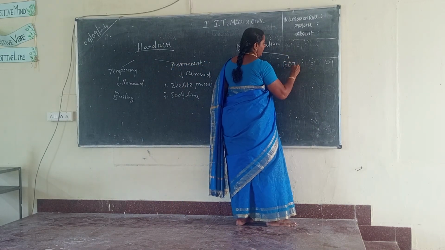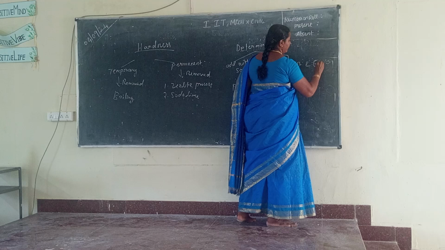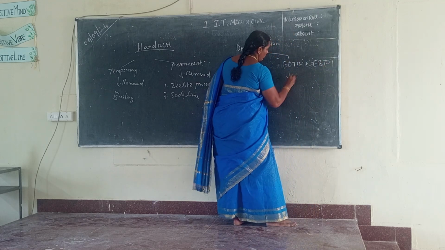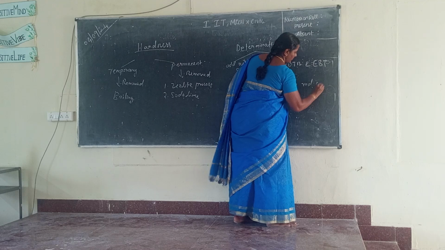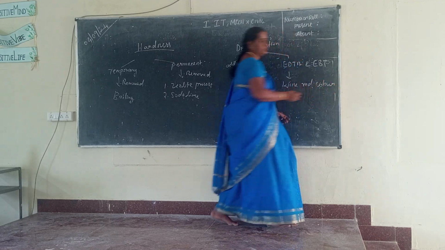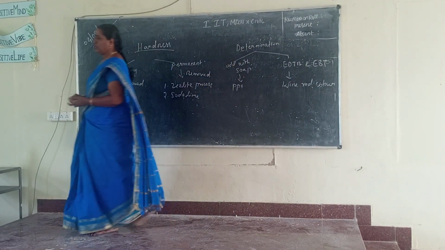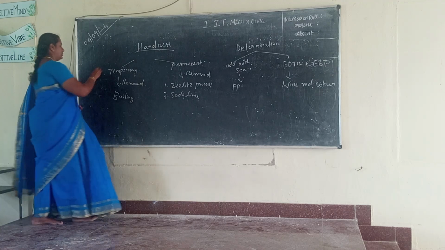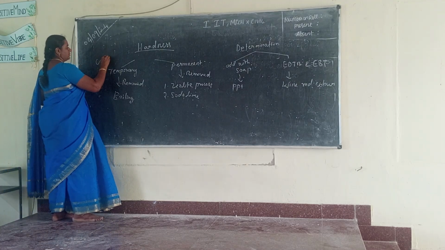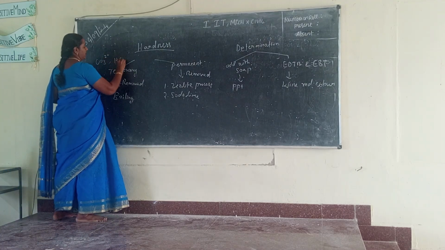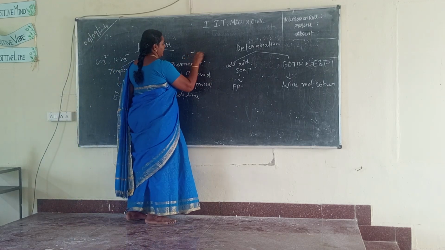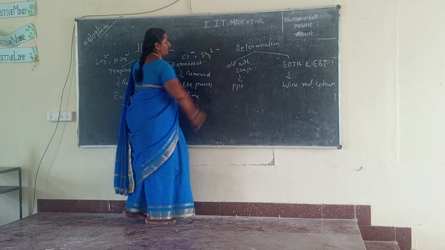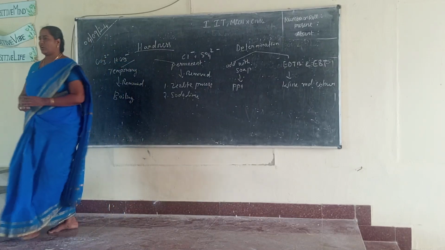With EDTA and EBT, it gives a wine red color. See, all the carbonates and bicarbonates are responsible for temporary hardness. Chlorides and sulfates are responsible for permanent hardness.